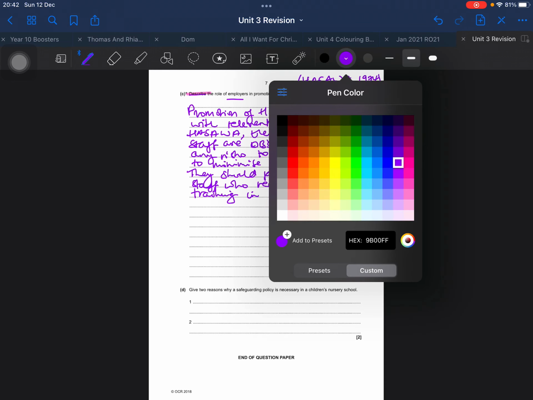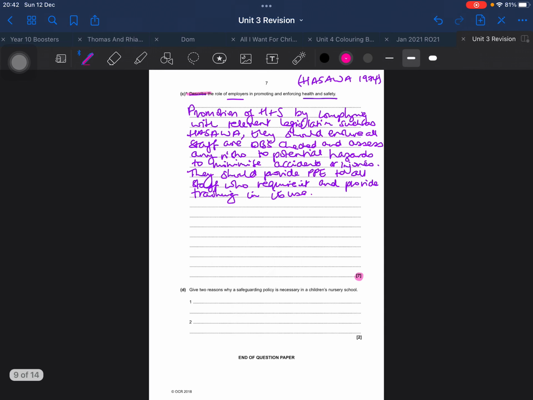Okay, how are they going to enforce this? So I'm going to change colour. So enforce this by inspecting the areas regularly and checking equipment.